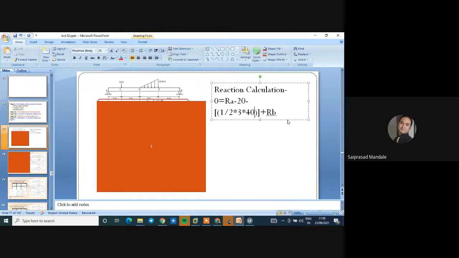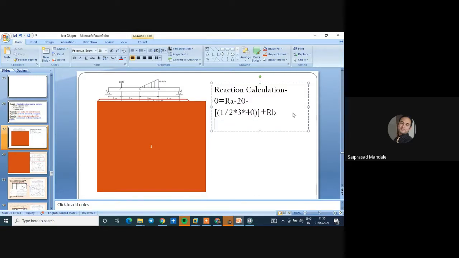It is the intensity, only the force calculation. It is a triangle, so the area of the triangle is half into length into width. Then again, RA minus 20 minus intensity, that is half into length into width, plus RB is equal to 0.